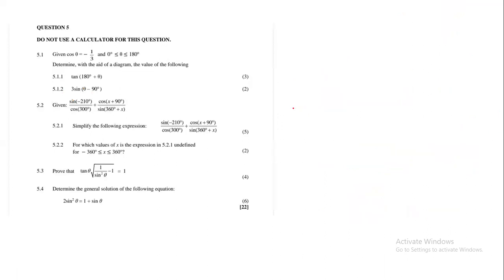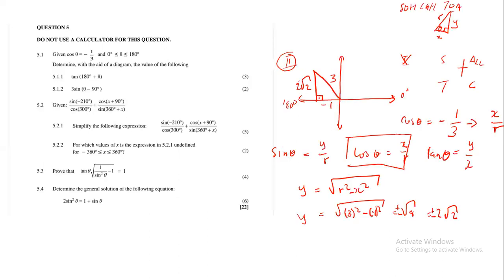So now let us try to solve 5.1.1. It says to us, determine tan of 180 degrees plus theta. We go back.